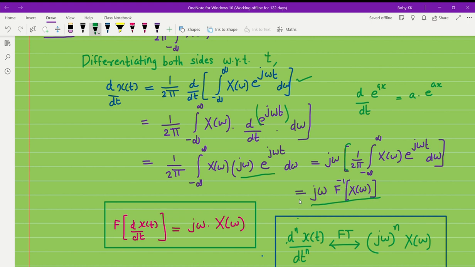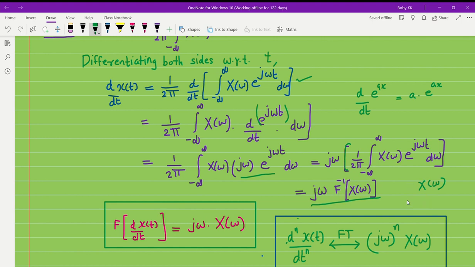So we consider the Fourier transform of this function, that is j omega, which is a constant, taken outside, times the Fourier transform of the inverse Fourier transform of X of omega. That will be equal to X of omega.